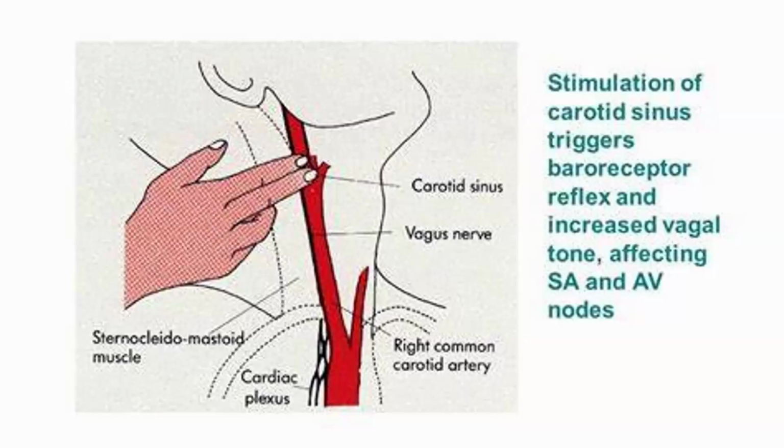Okay. Now, one of the other vagal maneuvers that they teach is carotid sinus massage. Okay, so carotid sinus massage also does a similar thing in that it overstimulates the carotid baroreceptors, and that increases vagal tone, and that affects the SA node and the AV node, and that causes a decrease in heart rate and things like that.